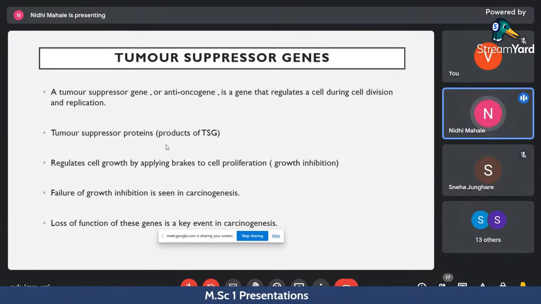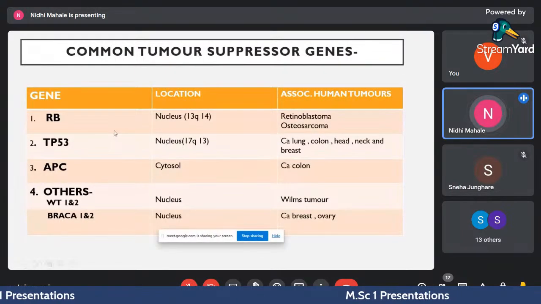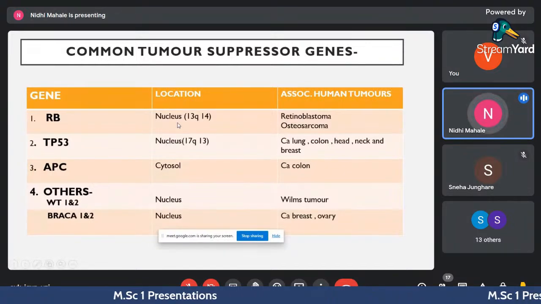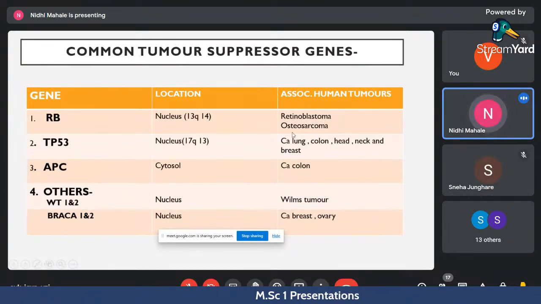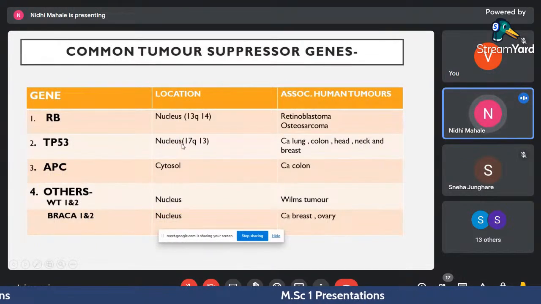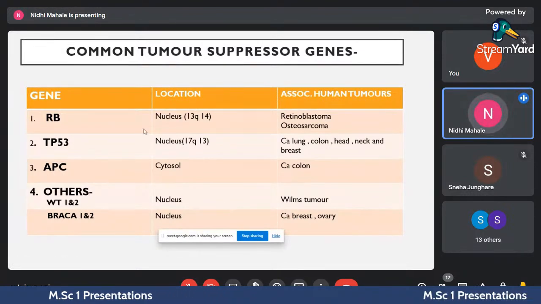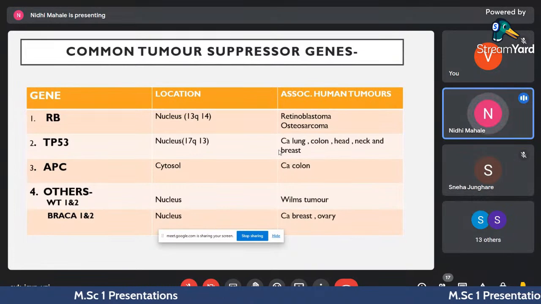These are some of the most common tumor suppressor genes. The RB retinoblastoma gene is located in the nucleus on chromosome 13, and causes human tumors called retinoblastoma and osteosarcoma. TP53, located in the nucleus on chromosome 17, causes human tumors like lung cancer, colon cancer, neck and breast cancer.